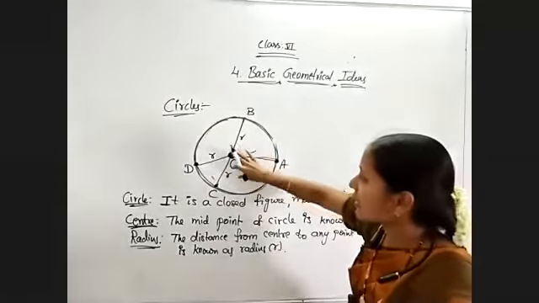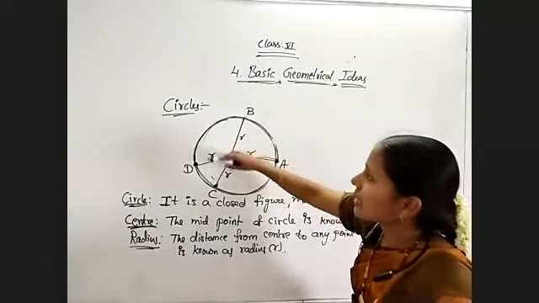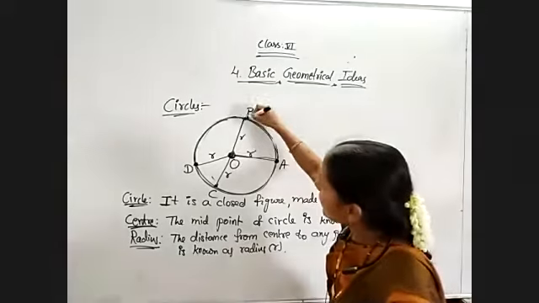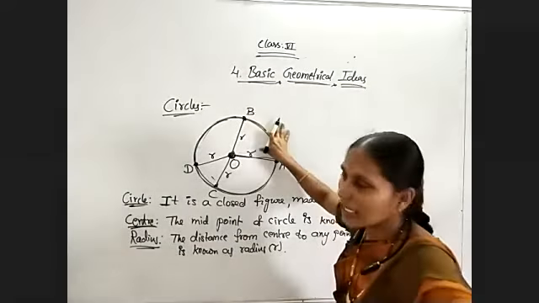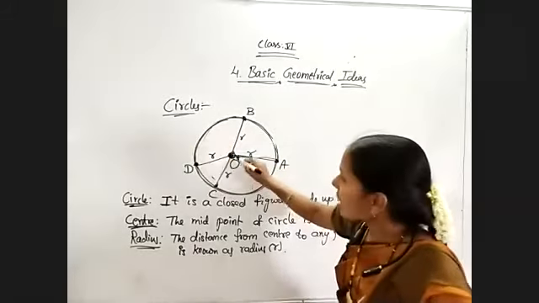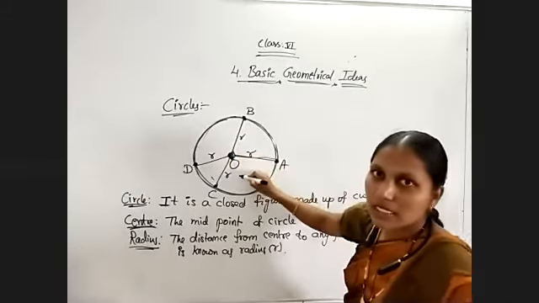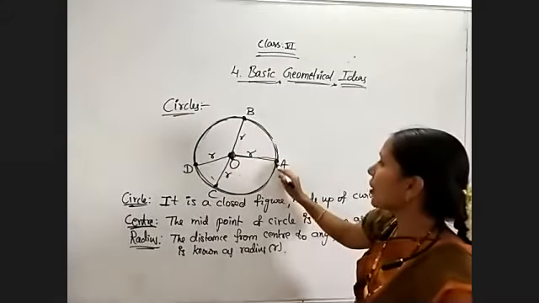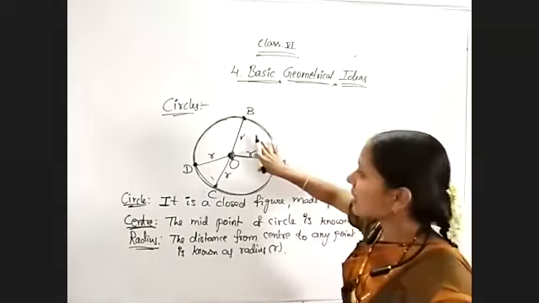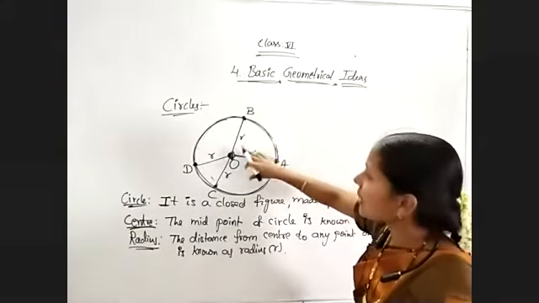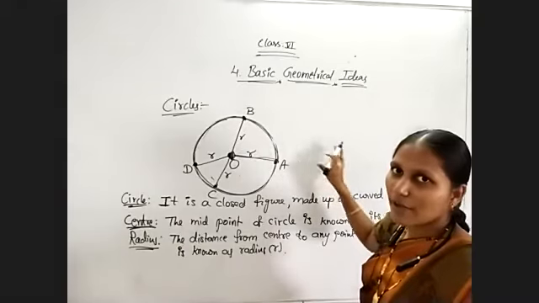From anywhere, the distance to the circumference of the circle is always equal. This point is known as the center. The distance from the center to any point on the circle is termed the radius. This radius is a fixed value, the same at any point.